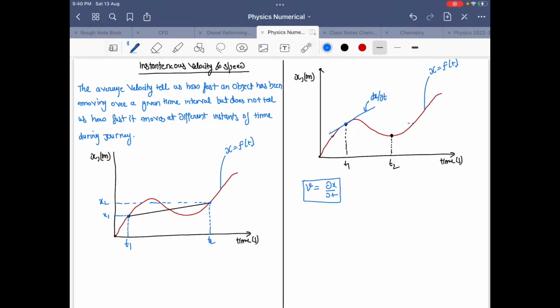Let us now look at one example of the instantaneous velocity. Suppose an object is moving with respect to time with this relationship. It can be a relationship, so this is a kind of relationship in this manner.